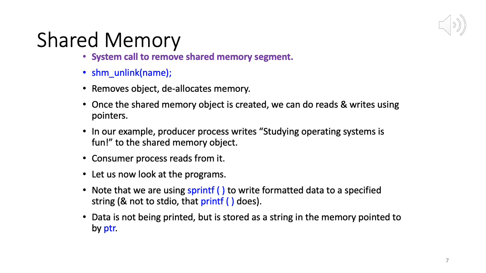Now we'll look at the program and note that here, instead of using printf, we'll be using a variant of that called sprintf. So what is the difference between sprintf and printf? sprintf is used to write formatted data to a specified string.